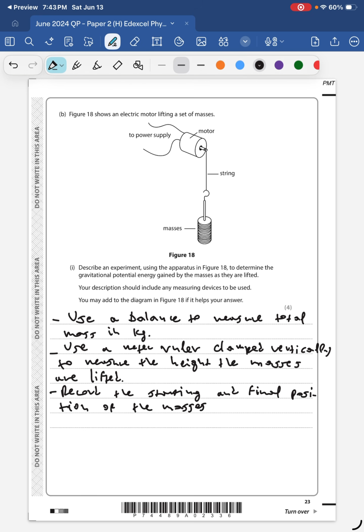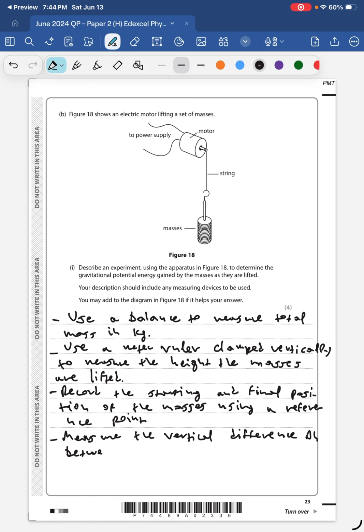Okay, using a reference point, I guess. Okay, measure the vertical difference delta H between the positions.